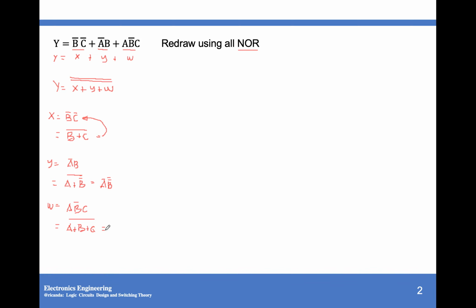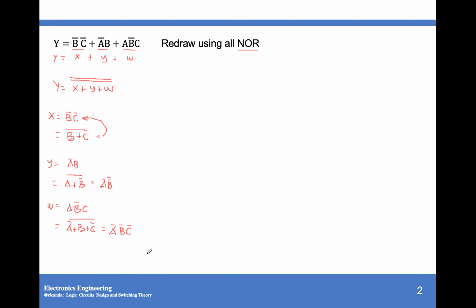Using Boolean algebra under De Morgan's theorem, it will become e bar, b bar, and c bar. But in your original expression, e and c have no bar. So to eliminate this bar between e and c, we have to introduce a bar in your NOR input as well as a bar in your c. So we have e bar and c bar.